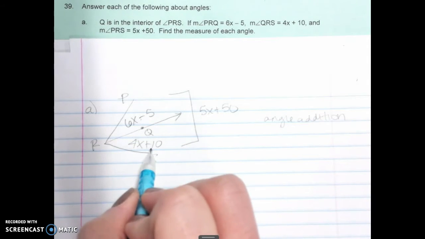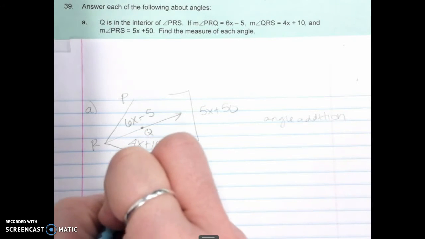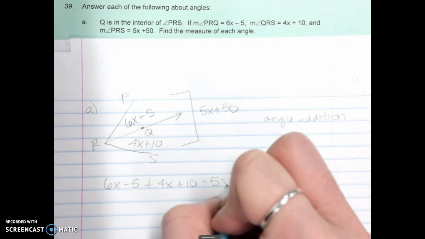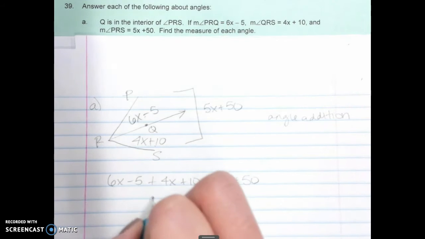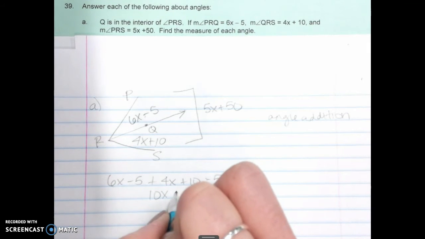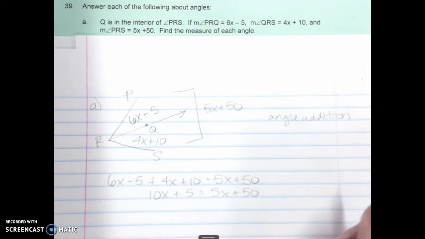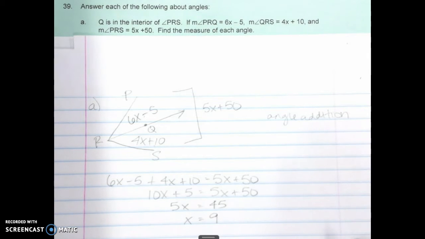So these two little angles added together equals the whole angle. And then you're just going to combine like terms. Or you can do y1, y2 to get your x equals 9.